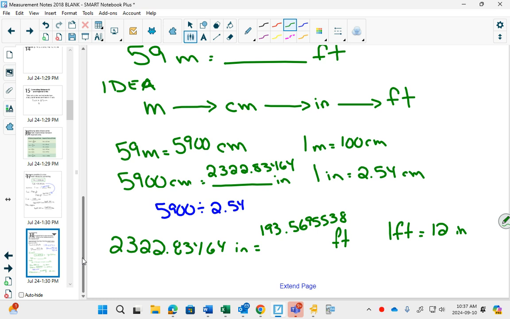And that would be the exact number: 193.56955538. This actually might be an approximation. It might have even more decimal places that you can't see on your calculator. We don't know that because we can't see how many more are there.